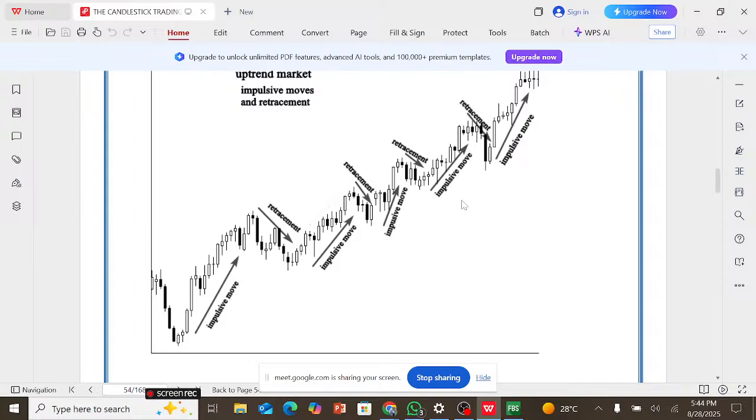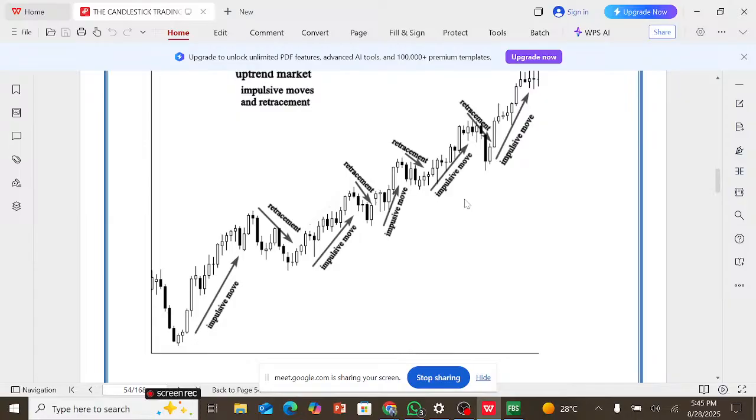We have different opportunities to collect profit while tracing the direction of the market. Okay, we don't say let me sell. You cannot take a selling opportunity in a market which is in an uptrend, because the market is already moving up compared to the way that it is moving down.